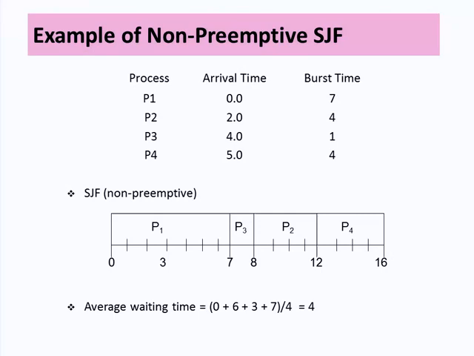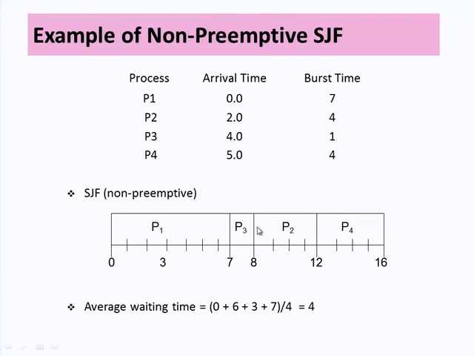Now when T equals 7, I will look at the queue. Who's there? P2, P3, P4. Because the time now is 7. So now I'll pick up the shortest of them, which is P3, because P3 needs 1, the shortest in terms of burst time.